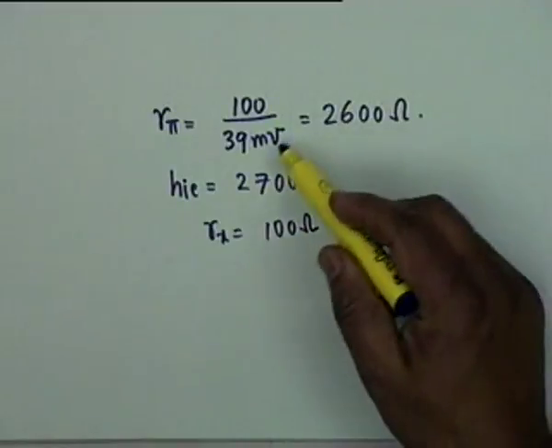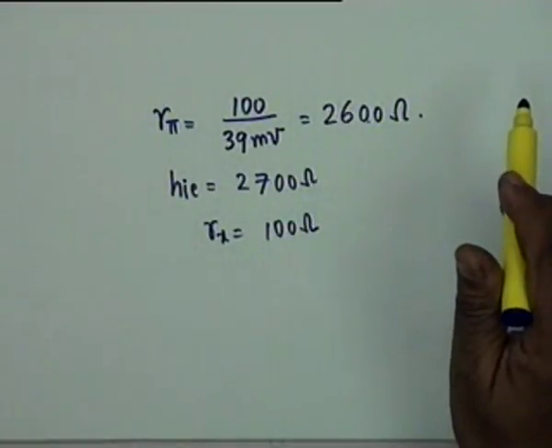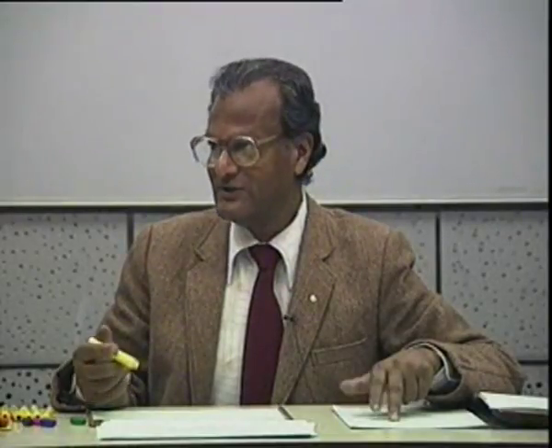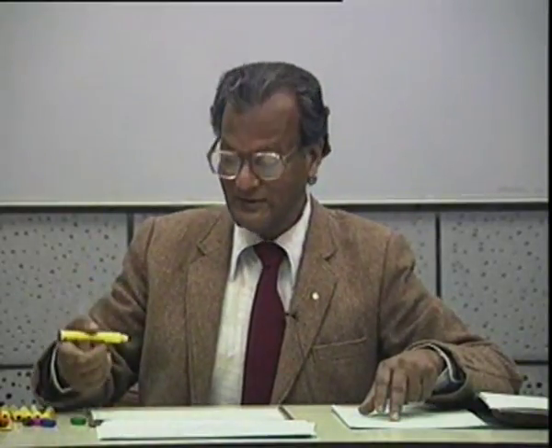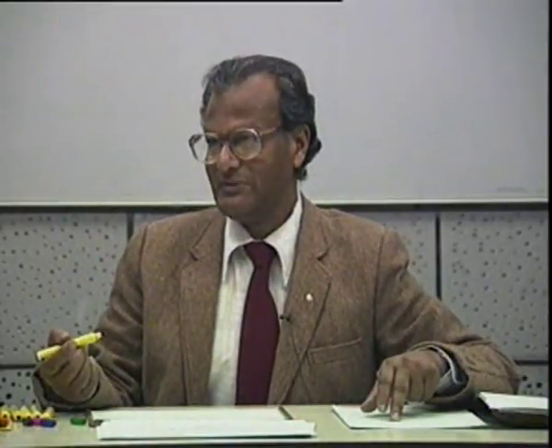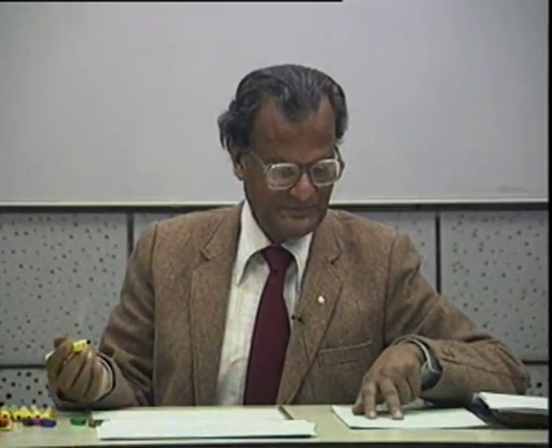If in your calculation R pi comes out as greater than HIE, then there is something wrong. You must go back and check your calculation first, then check the manufacturer's specification. Then if your calculation is right, manufacturers must have made a mistake, and often such mistakes occur. That's why I am warning you.